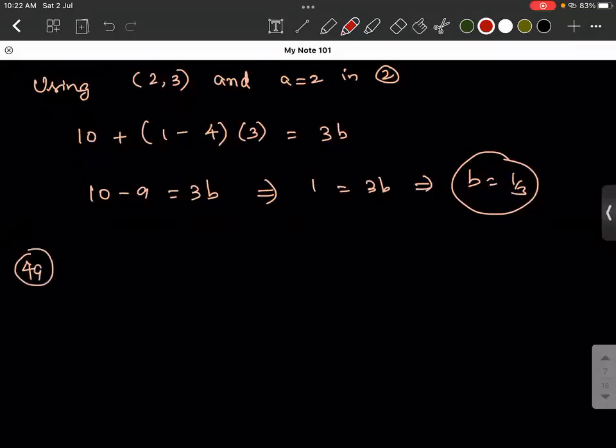49. 2 plus x is equal to 2 plus 2 root 3.